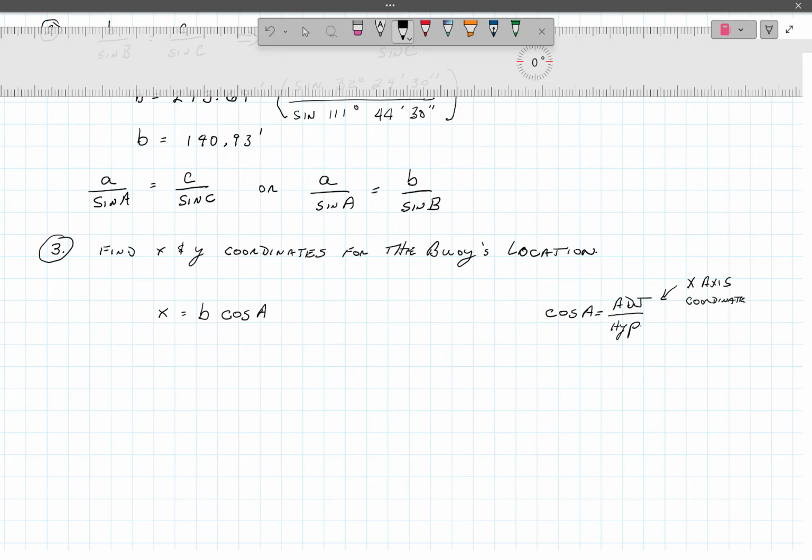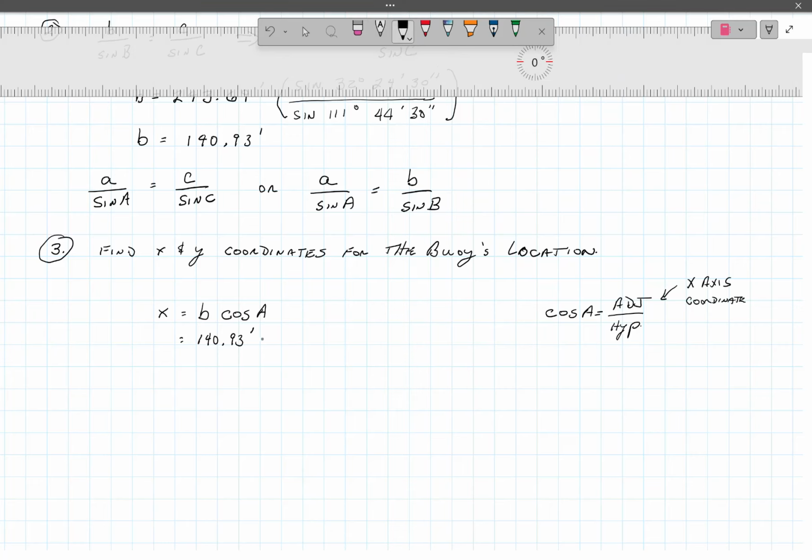Okay, all right, so let's plug the math in here. 140.93 feet, oops, that's not degrees, that's feet, and that's a 3.